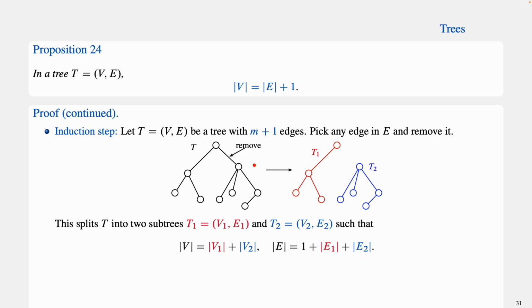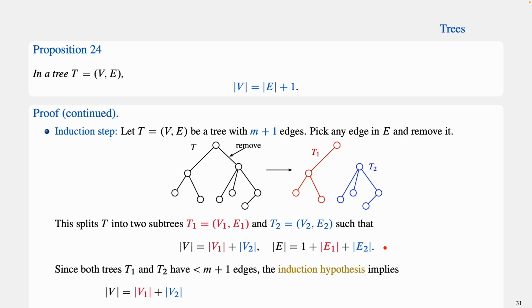And the number of edges in the original tree is 1, namely the one that we removed, plus the number of edges in the one new tree that we obtained, and plus the number of edges in the other new tree that we obtained. Now, both of these trees T1 and T2 have less than m plus 1 edges, so we can apply the induction hypothesis to each of them.